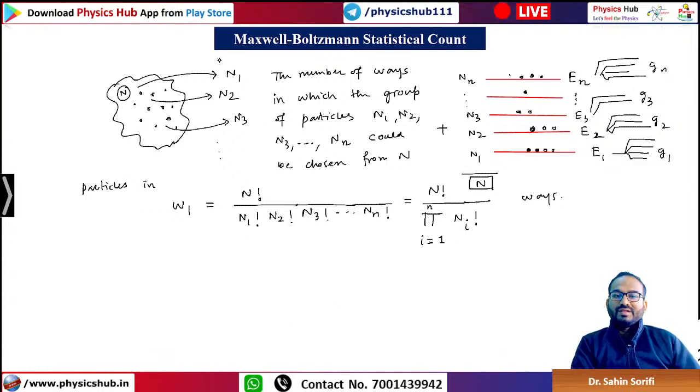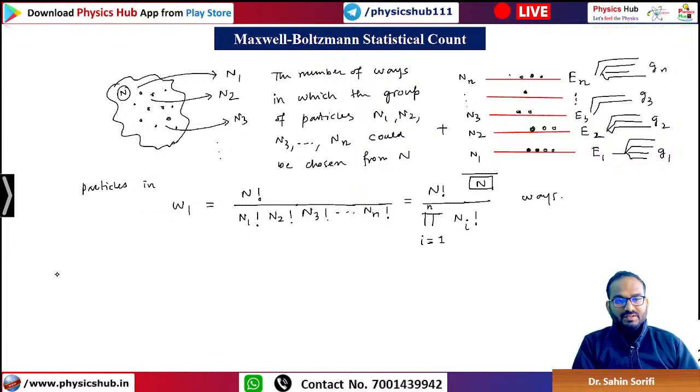So after you choose N1 particles from a group of N particles, this is the number of ways of selecting the group of particles. Now you need to distribute these N1 particles into the G1 number of states, each having energy E1.